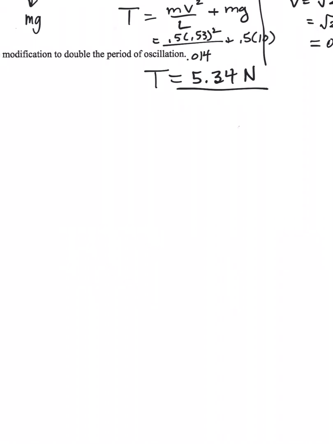Describe one modification to double the period of the oscillation. So if I want to double the period, let's go back to our period formula. 2 pi times the square root of L over g. What is the easiest way to make the period get longer? Quadruple the length. Why quadruple the length? Because you're taking the square root, aren't you?